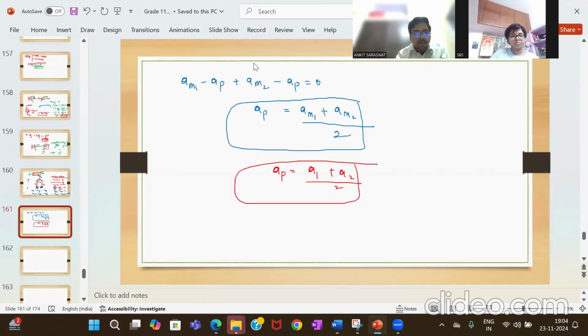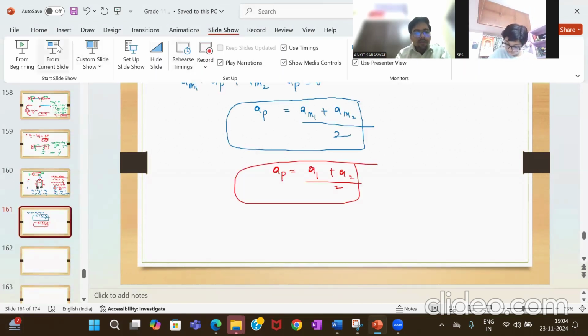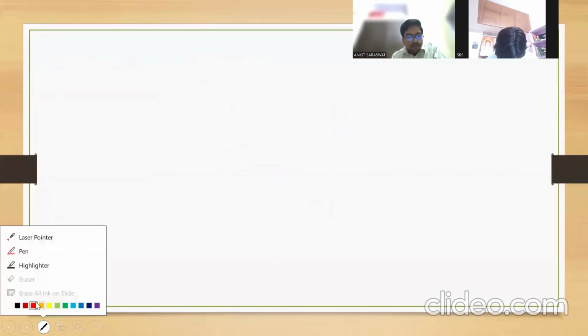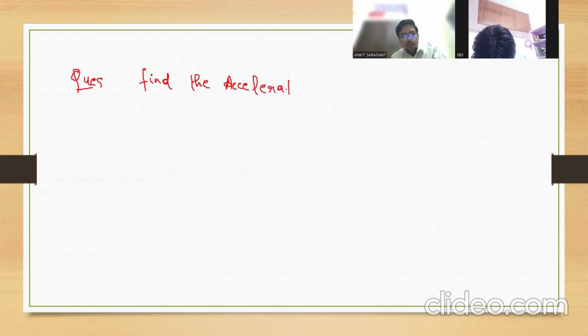Write down one question. Find the acceleration of given blocks.